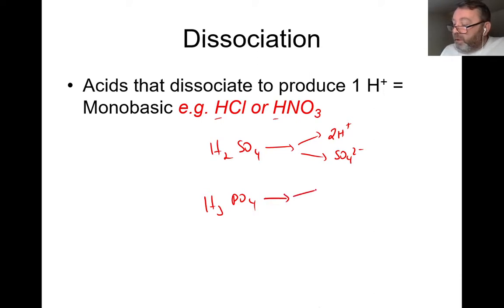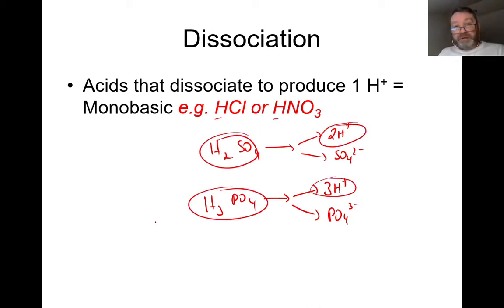H3PO4, when it goes into water, breaks up into three H+ and PO4 3-. But again, the H2SO4 produces H+, the H3PO4 produces H+. Both of them produce H+, which means that both are acids. But per molecule of H2SO4, it produces twice the amount of H+. And for every molecule of H3PO4 that breaks up, it produces 3 H+.